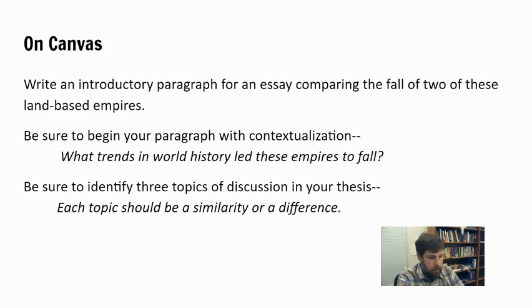So start your paragraph off talking about that, the context, the background, and then identify 3 topics of discussion in your thesis statement. So your paragraph should end with a thesis statement that identifies 3 topics of discussion. And each topic should be a similarity or a difference that you would be able to write an entire body paragraph about. Let me know if you have questions.